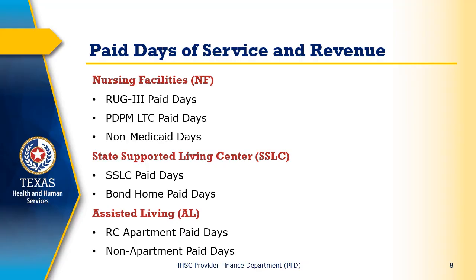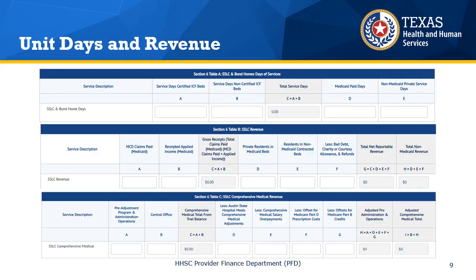For SSLC cost reports, the days of service and revenue information will include SSLC and bond homes days of service, SSLC revenue, SSLC comprehensive medical revenue, and bond homes revenue. Assisted living, AL, information will include RC apartment paid days and non-apartment paid days. This image displays the screen view for Section 6 of the SSLC cost report.